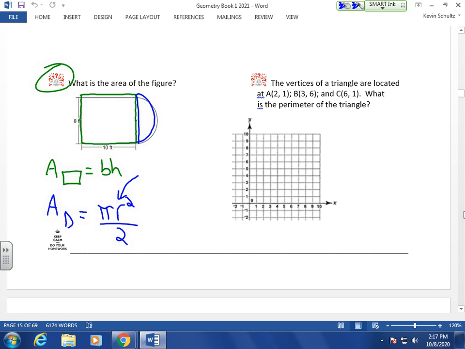Then the vertices of a triangle are located at 2, 1, that's point A, 3, 6, point B, and 6, 1, point C, and you're asked to find the perimeter. What prior method or what prior concept is required here to find the perimeter of this triangle?